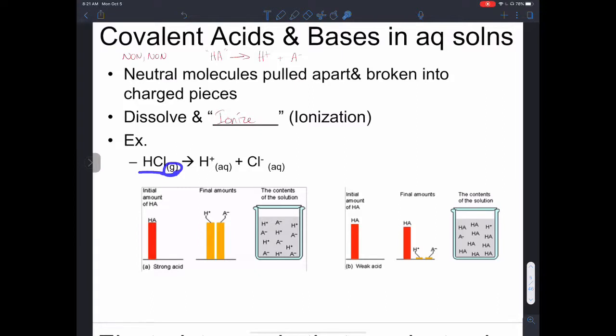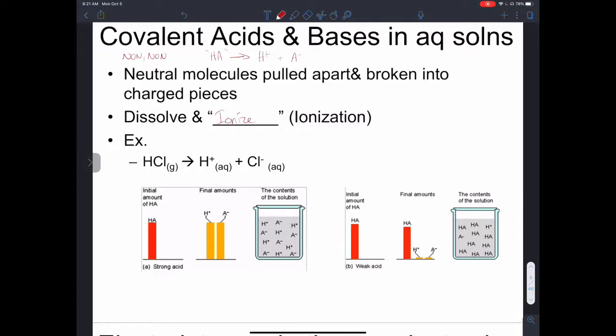But regardless of whether it was starting out as a solid or a gas or even a liquid, afterwards, the individual ions will become hydrated. They'll break apart into ions, form ions, and then become surrounded by the water molecules, so we write them as aqueous. So it behaves very similarly to an ionic compound, but one of the differences is it was not made of ions in the beginning.